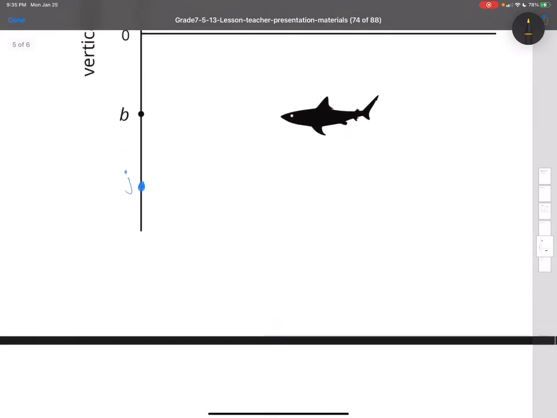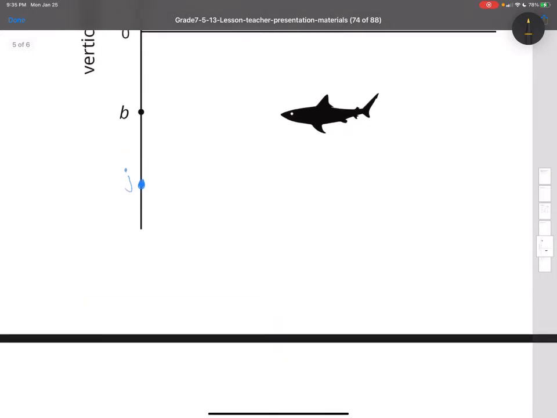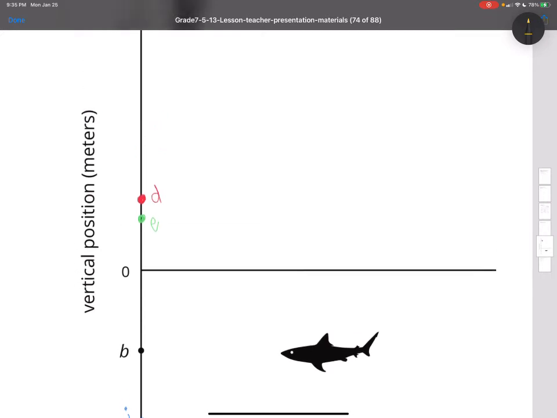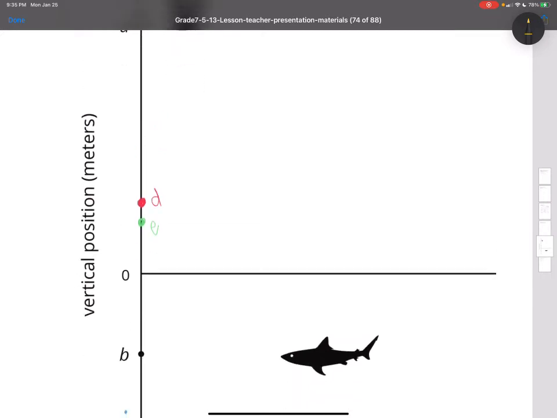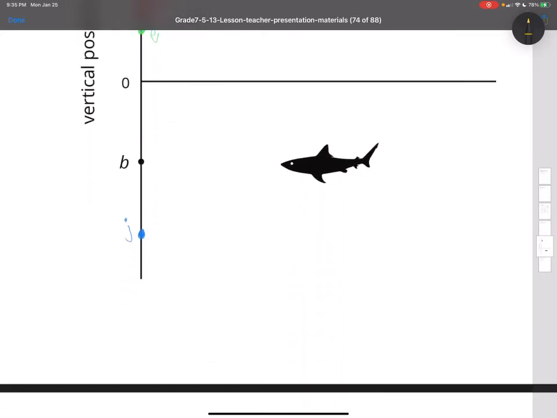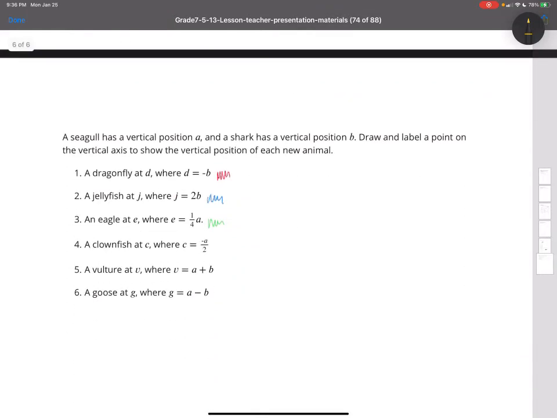If A is 4 and we divide it by 2, then negative 4 divided by 2 would be in the position somewhere right here. Annotate that in yellow.